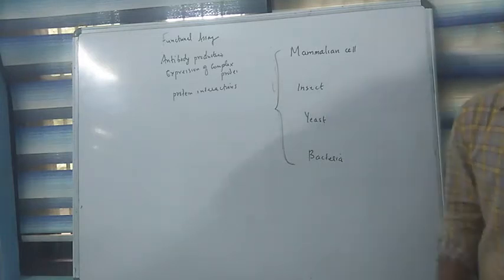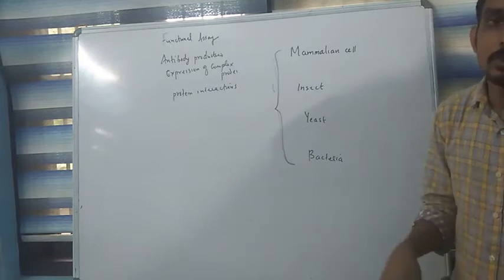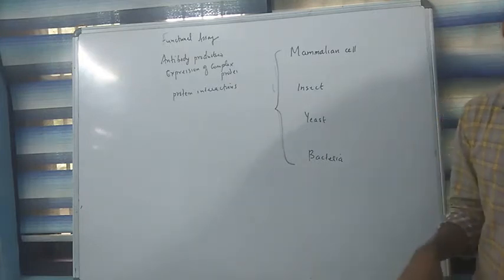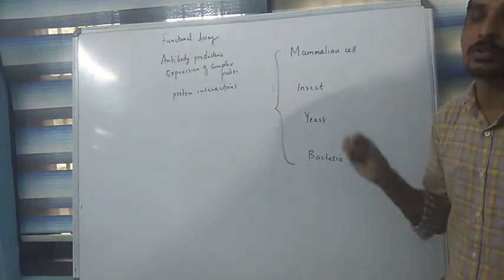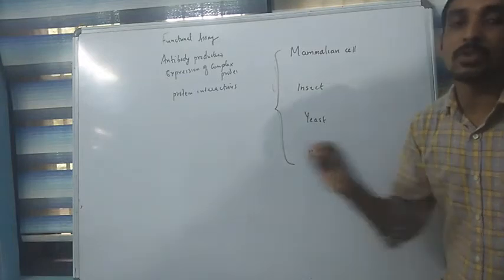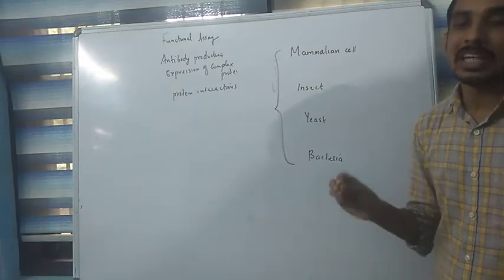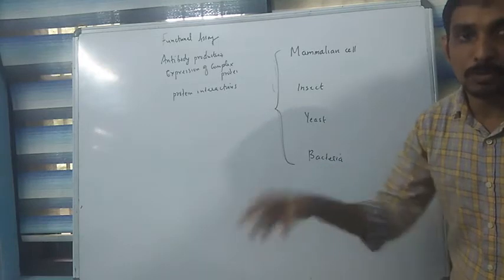So we need to depend on a live cell for producing protein in order to study its role inside the cell, what are all the interactions that protein performs within the cell.